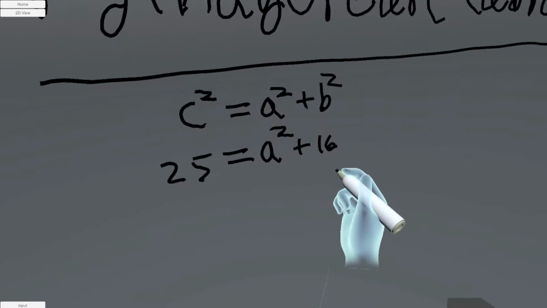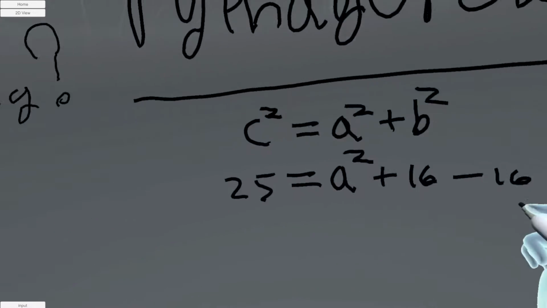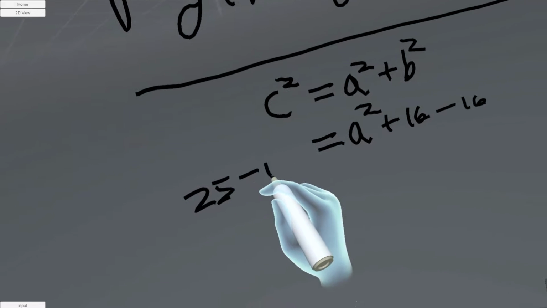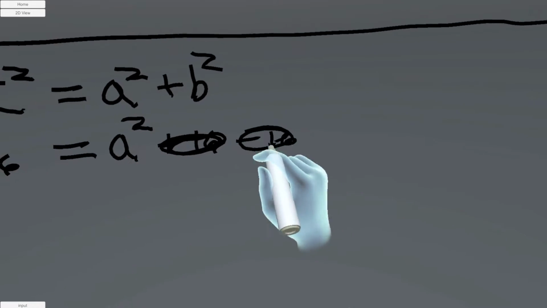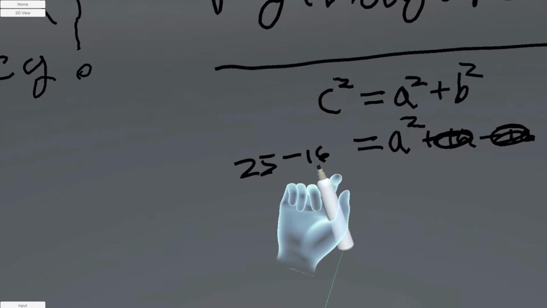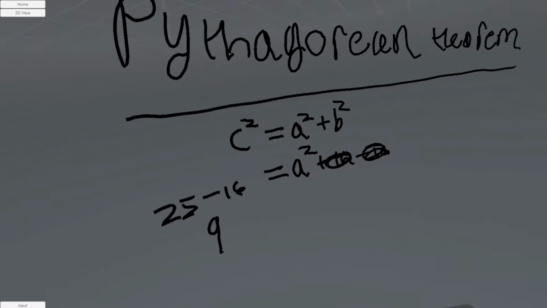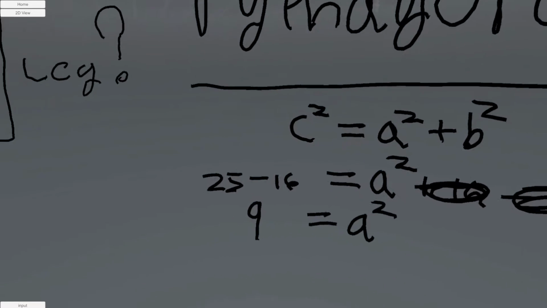Okay, well, we can obviously minus 16 from both sides, so minus 16, and then we'll just move this over to 25 minus 16. Okay, well, this gets rid of this 16, the negative and the positive, make sure that's gone, and then we have a length of 9 here. 25 minus 16 is 9, so 9 equals A squared.